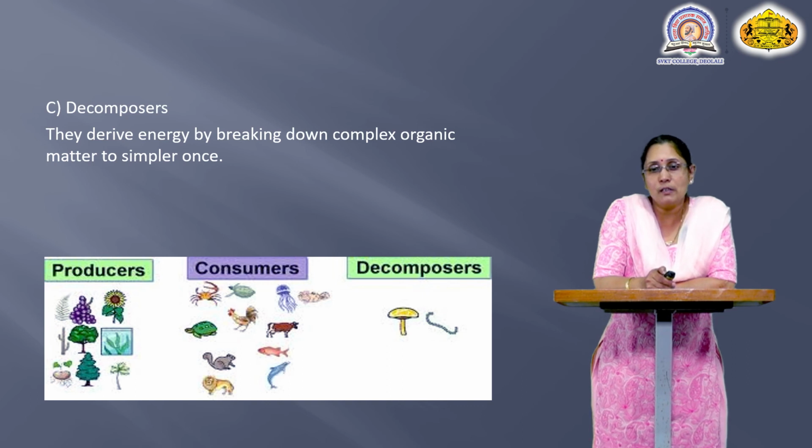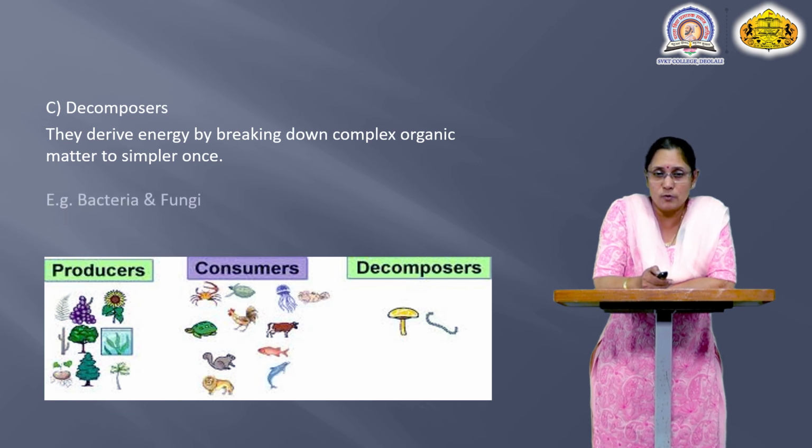Consumers completely depend upon the producers. As per the type, some are primary consumers and some are secondary consumers. In this picture you can see fish, rat, chicken, etc. Fish and chicken, suppose, are the primary consumers. But lion and some carnivores are the secondary consumers.